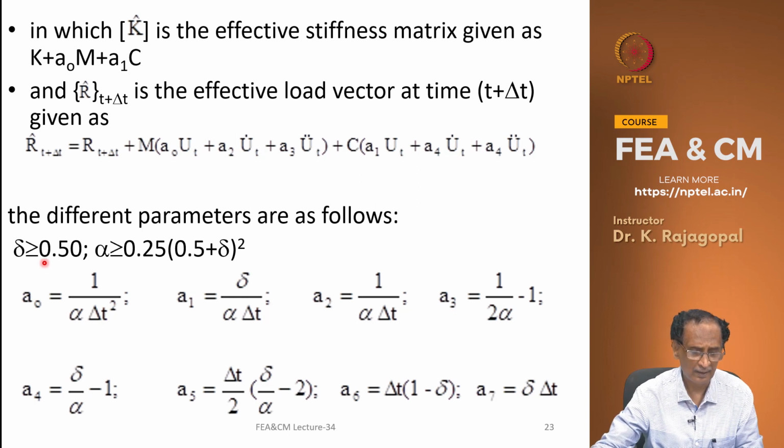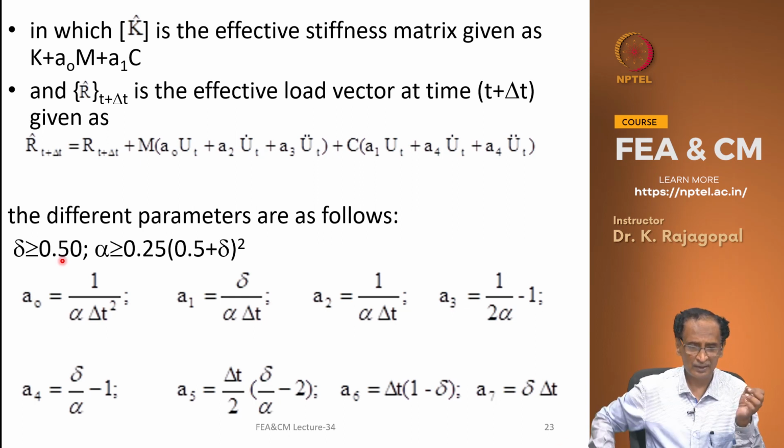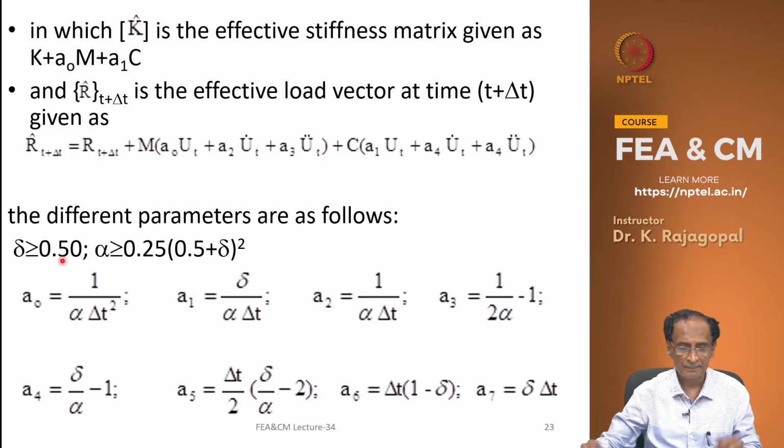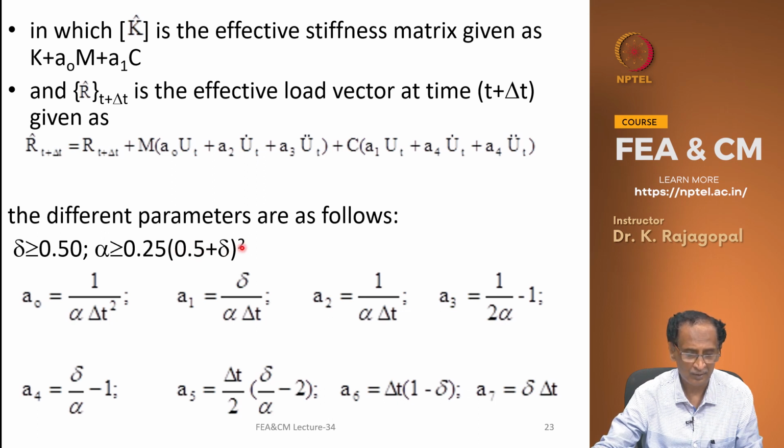Our delta and alpha are chosen like this. Delta should be greater than or equal to 0.5. Usually we take it as 0.5, and alpha should be greater than or equal to 0.25 times (0.5 plus delta) whole square. If delta is taken as 0.5, alpha comes out as 0.25, and a naught, a1, a2, a3 and all these parameters are given here.